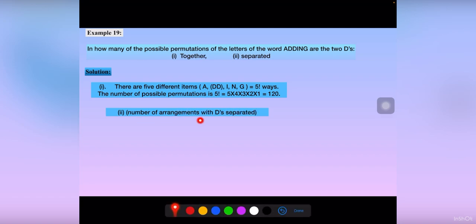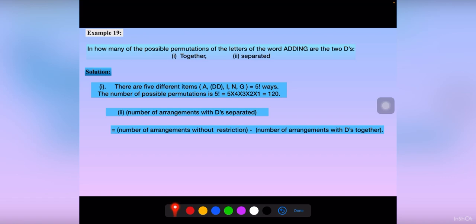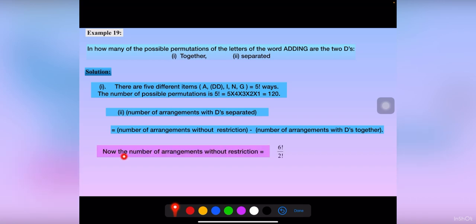The number of arrangements with the D's separated is found by first finding the number of arrangements without restriction and minus the number of arrangements with the D's together. Now the number of arrangements without restriction: in ADDING we have 6 objects, and the repeating identical object D happened twice, so 2 factorial.